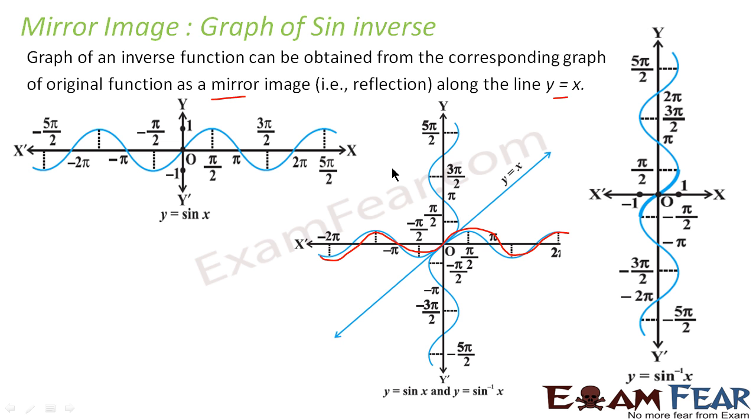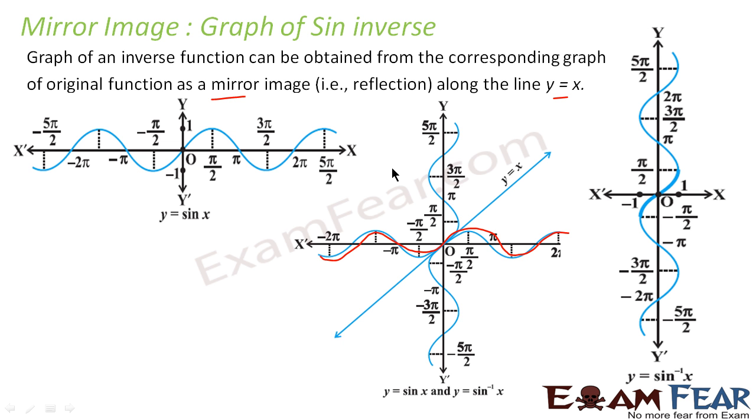What we observed is that the sine function was not one-one onto over the natural domain, because the natural domain was all real numbers and the range was minus 1 to 1. What we did was, to make it invertible, we restricted the domain and range, and by restricting them we made the sine function invertible.